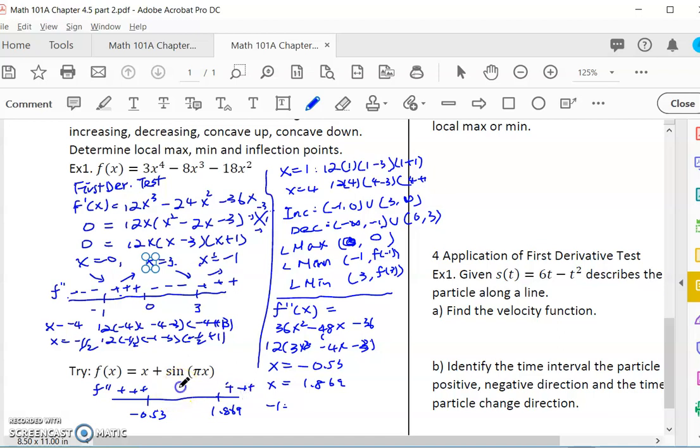If I plug in 0, everybody knows that it's negative because it's a negative here. Oh no, this is negative, not 0. So we would have concave up, concave down, concave up, and then we have two inflection points. So basically the same idea. If you test f double prime and it is positive, it's concave up. You test negative, it's concave down. And the point where there is a change of concavity, that's an inflection point.